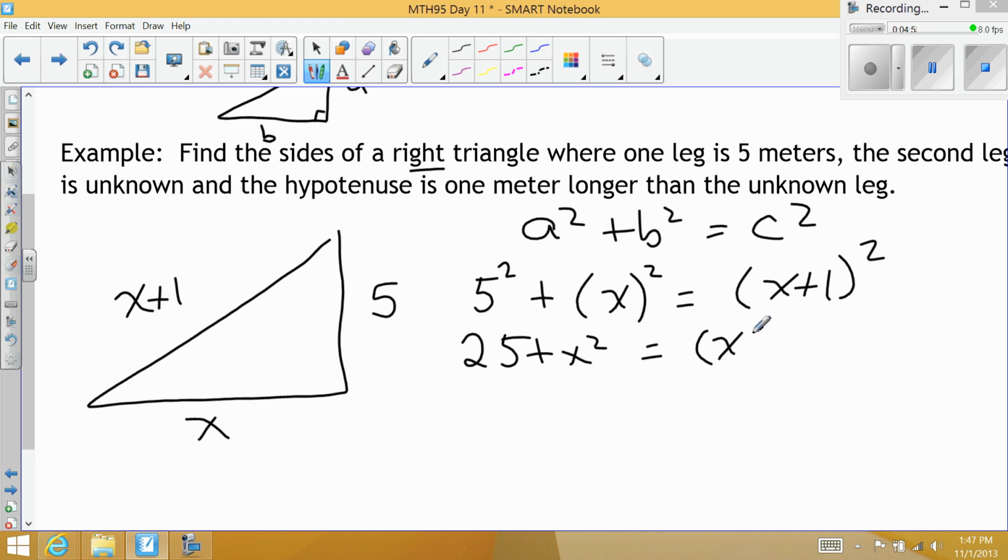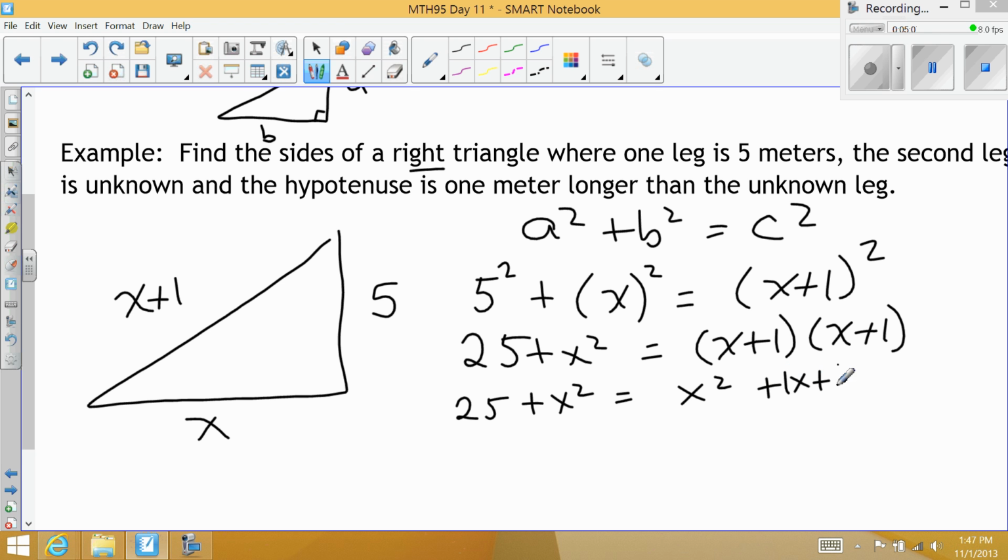I usually don't take the shortcut and FOIL it out. So I've got 25 plus x squared equals x squared plus 1x plus 1x plus 1, so x squared plus 2x plus 1.